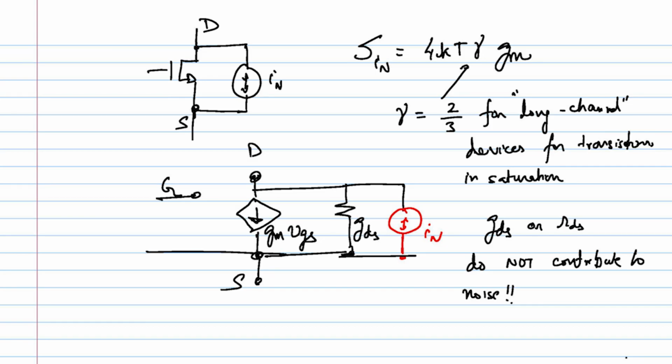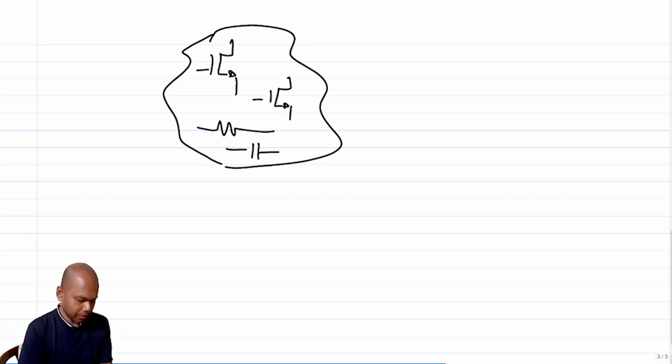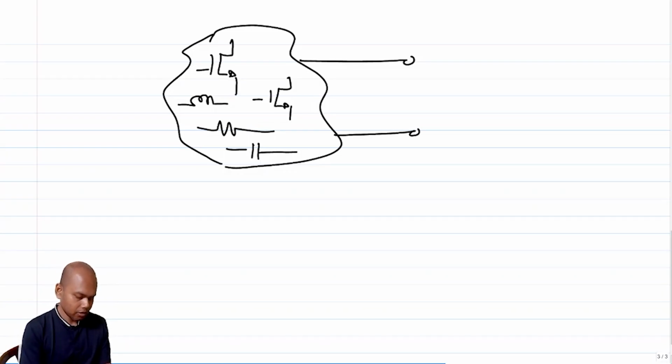Okay, fine. So just like the analysis with resistors, if we have multiple transistors in a network, so let's say I have a network where I have resistors and multiple transistors, and I have capacitors and inductors, and I'm interested in finding out the total output voltage at any particular node.